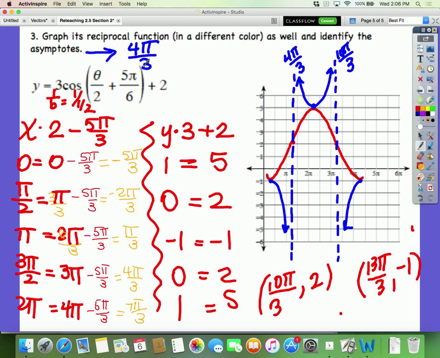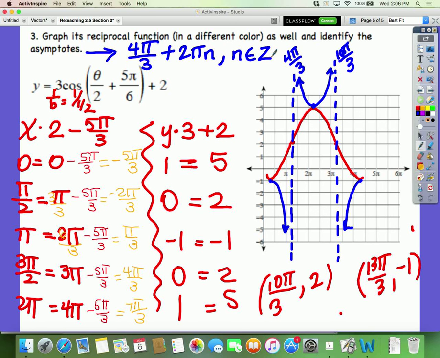How far apart are they? 6 pi over 3, which is the same thing as 2 pi. So that means that every other asymptote after it is going to be 2 pi radians away from the previous one. So how do I represent that? Plus 2 pi. And n is a what? And there are your asymptotes.